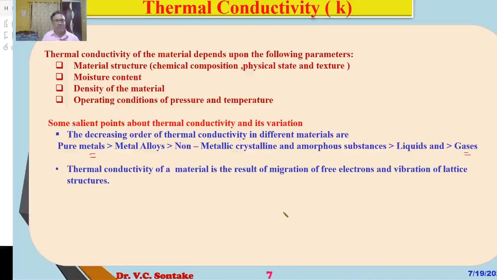Thermal conductivity of a material is the result of migration of free electrons and vibration of lattice structure. This vibration of lattice structure is nothing but physical interaction of molecules as a result of this lattice vibration.